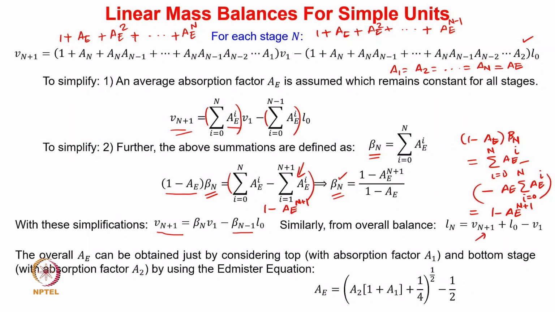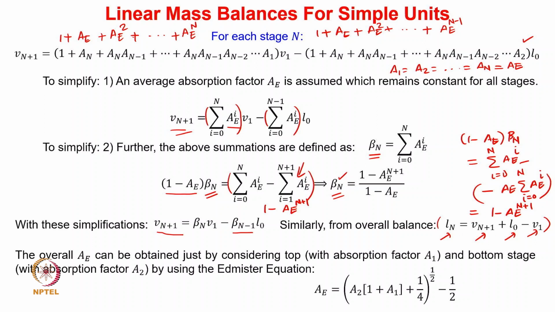The liquid coming in is L naught with respect to a component, and whatever is going out, the liquid going out from the absorption unit is Ln, and the vapor going out is V1, and all these terms are with respect to the component. So this is the overall balance.